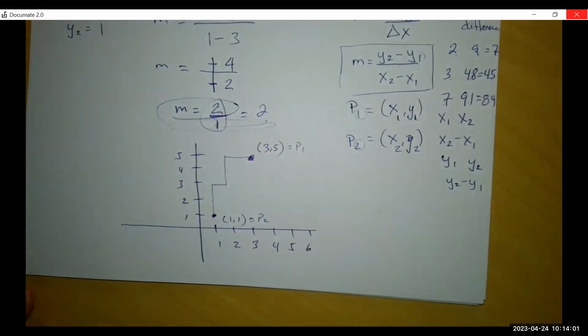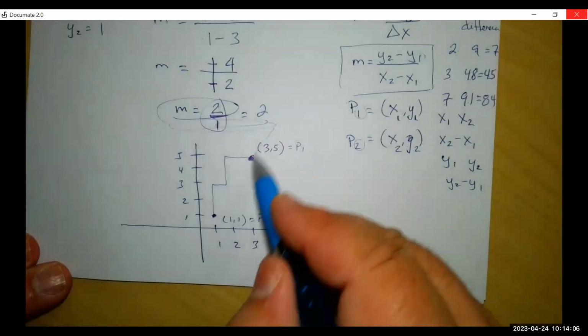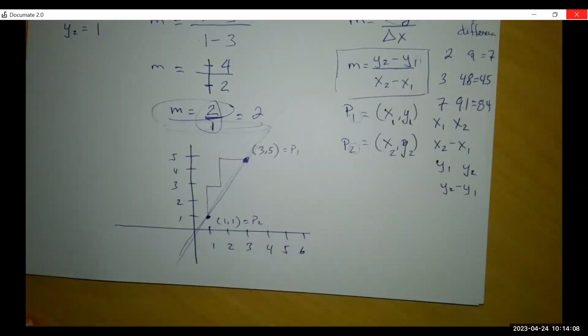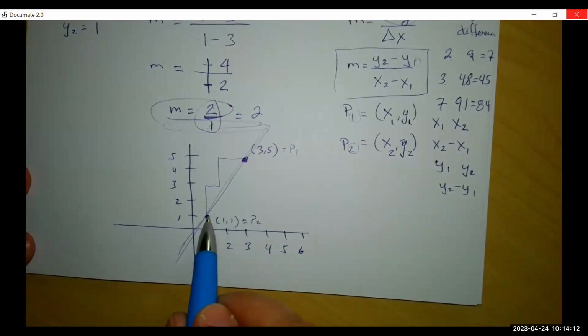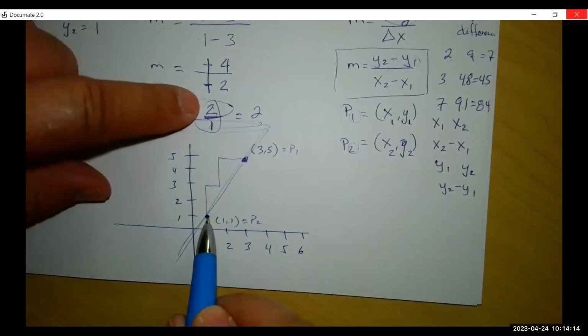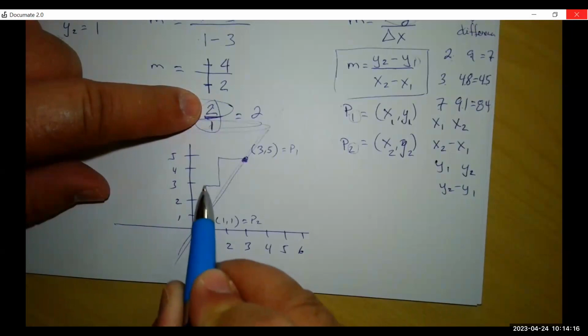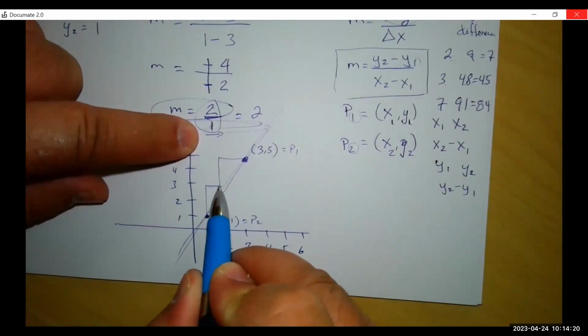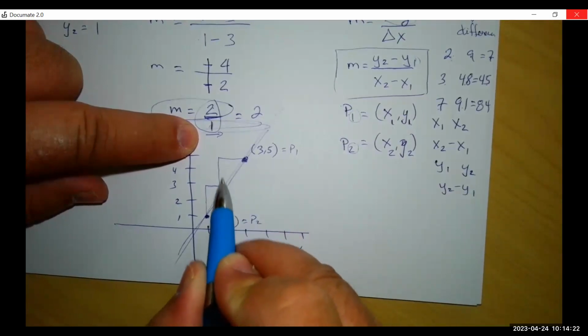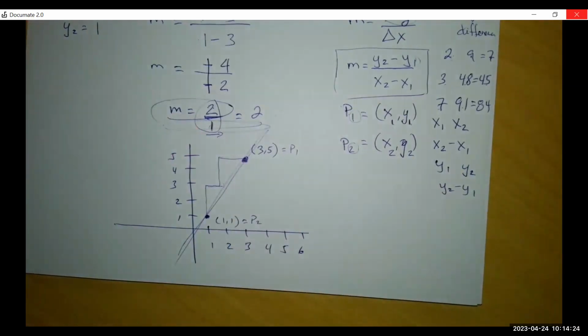So we get to it. Because to start from this first point, since it's positive, I go up 2, and the bottom's always positive, over 1. Not there yet, so it's up 2 over 1 again.